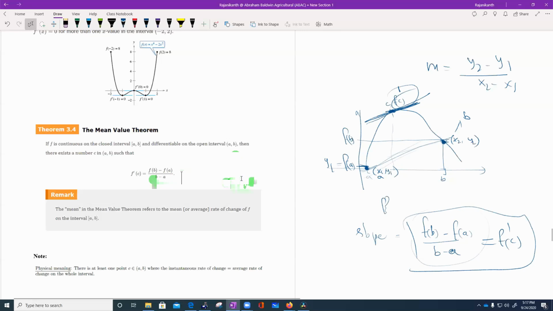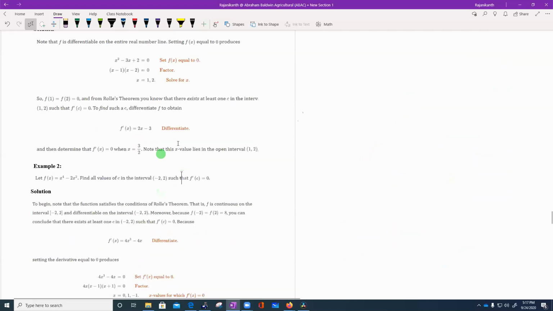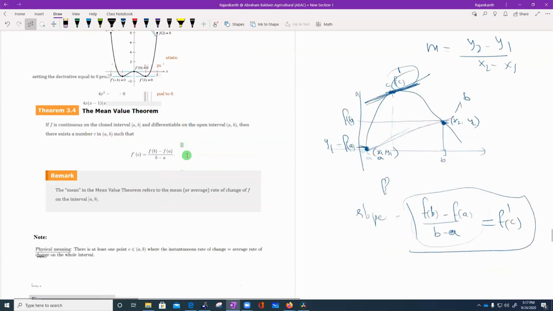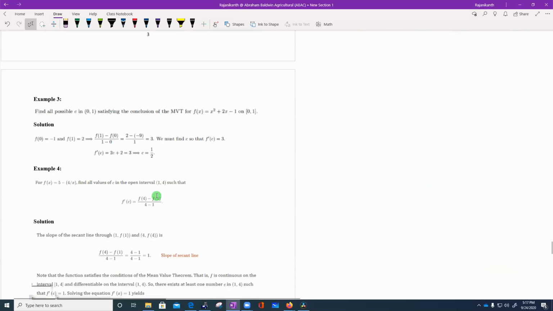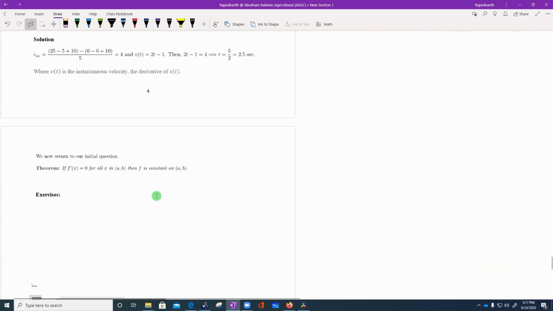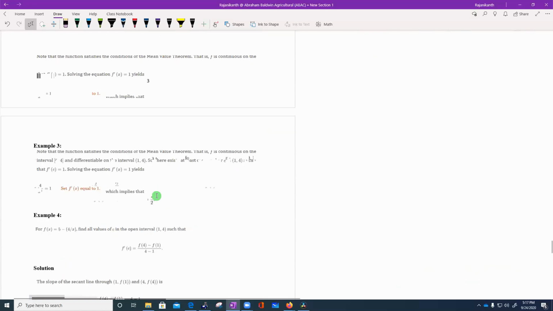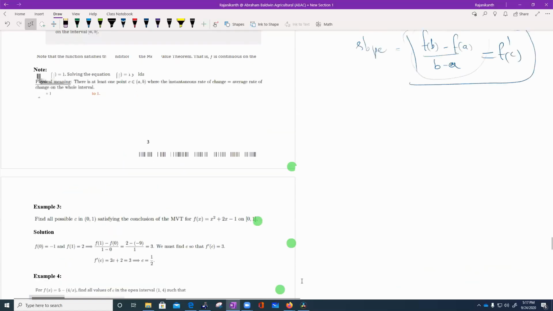Okay. So you could apply the mean value theorem and Rolle's theorem to do problems in this exercise. So I will do one problem from your textbook.